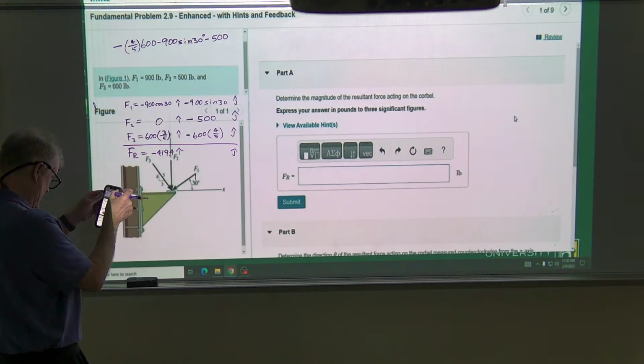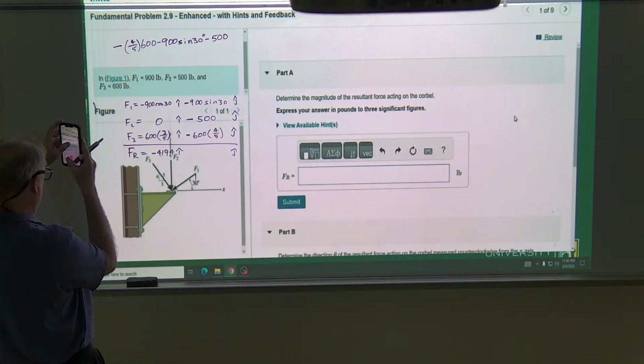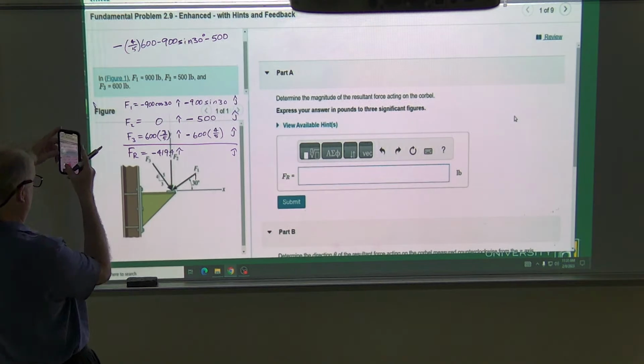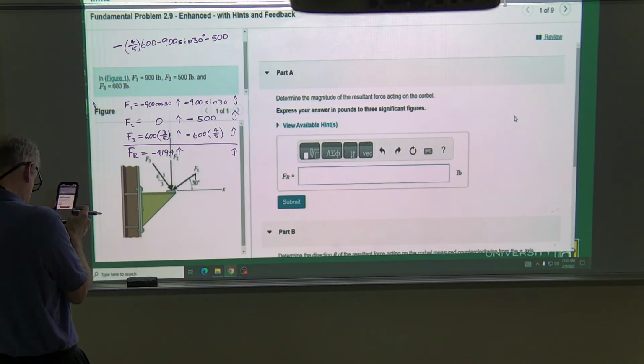Did it actually get, it actually figured that part out. Okay. I'm not sure it's gonna, oh, it did.